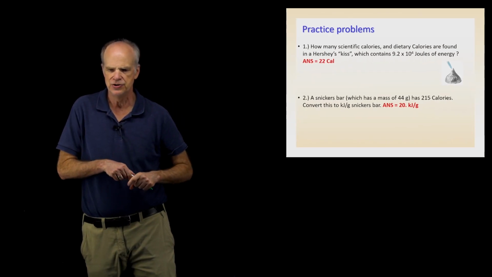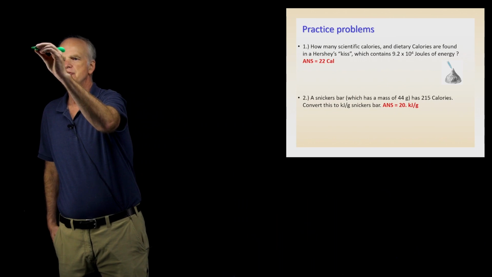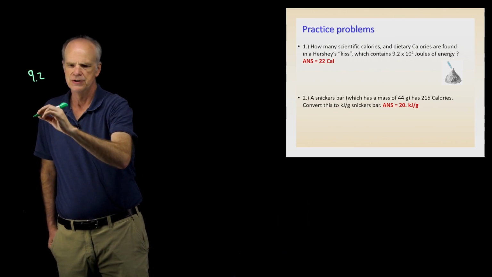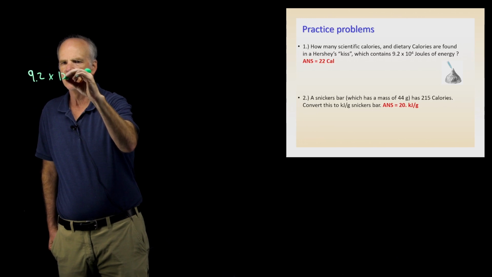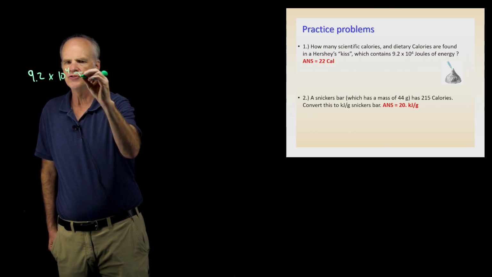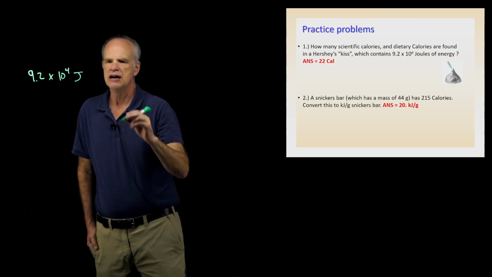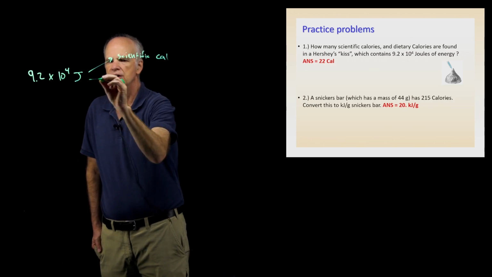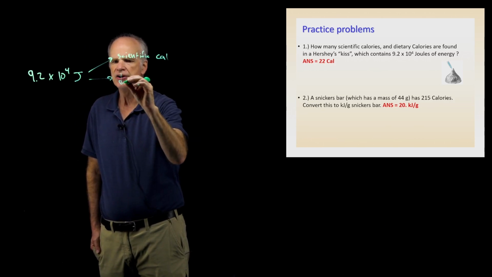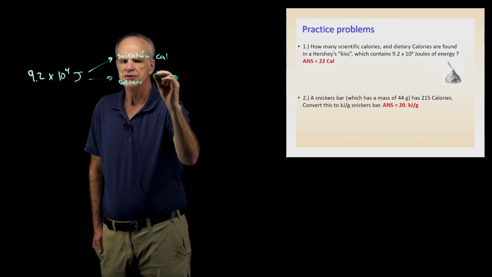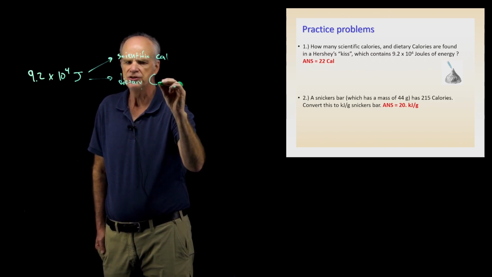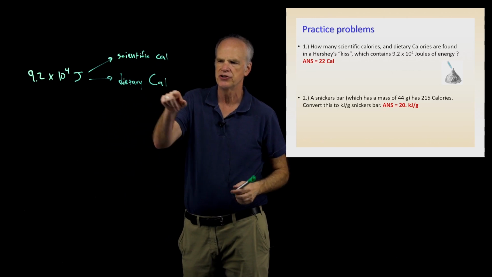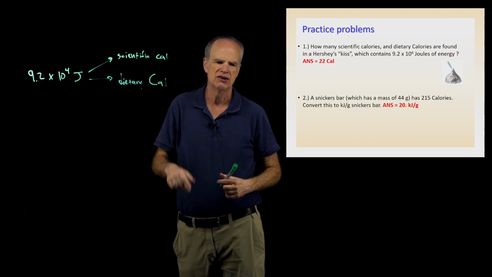What I want to do is take 9.2 times 10 to the 4 joules of energy, and I want to convert this to both scientific calories, and then also I want to convert this to dietary calories. Again, to distinguish between these two calories, note I wrote scientific calories with a little c, and I wrote dietary calories with a big C.